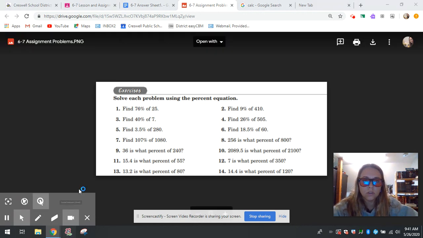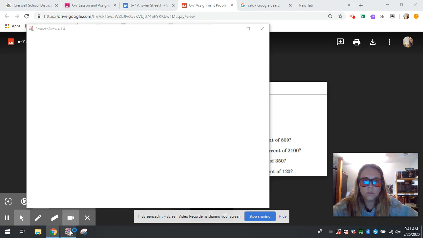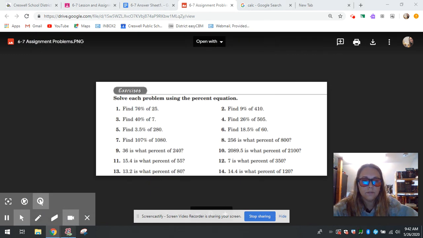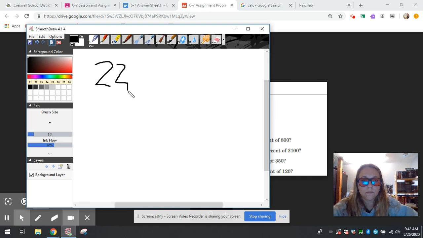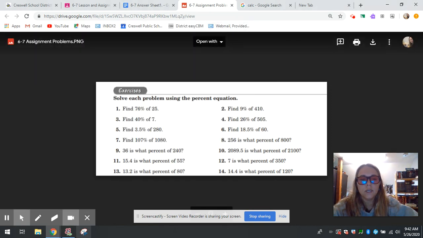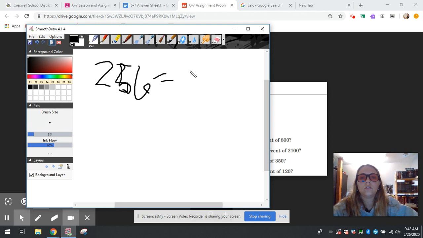So we write our equation: 256 is, or equals, what percent of 800? Don't know. So I write n times 800. Set up my variable where I don't know the value.